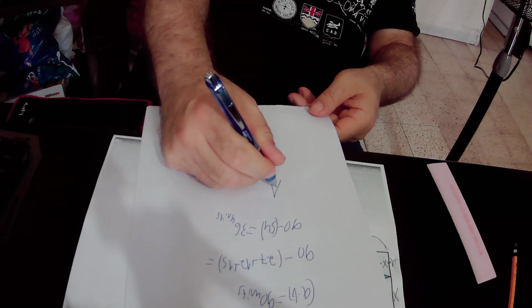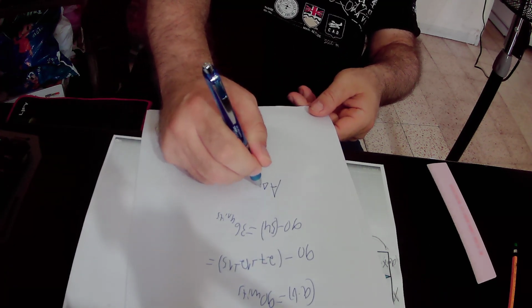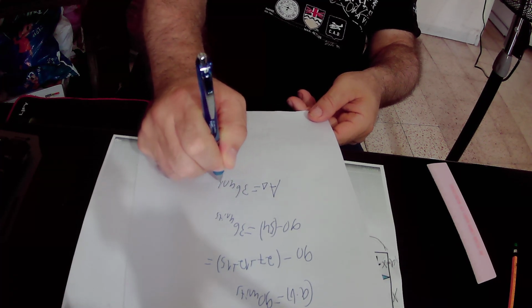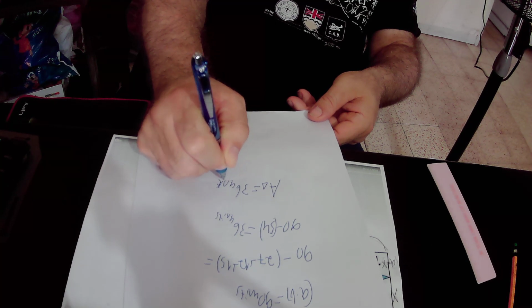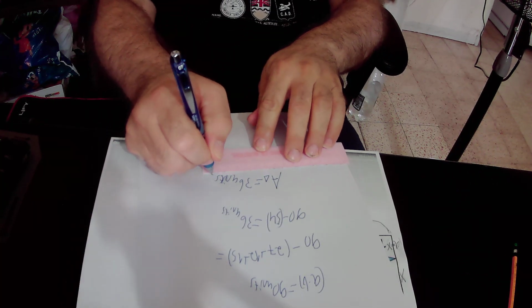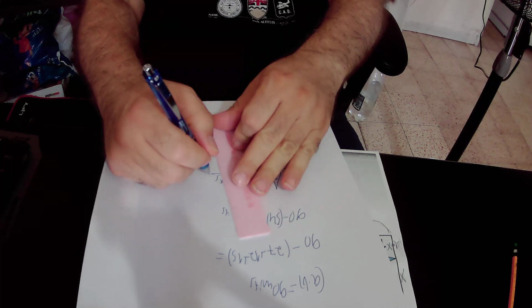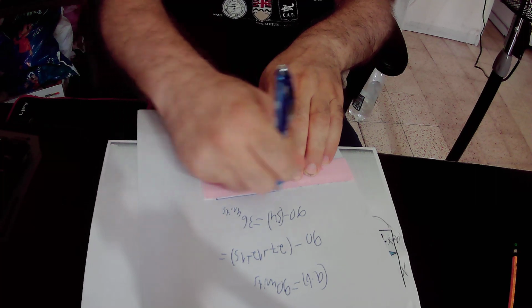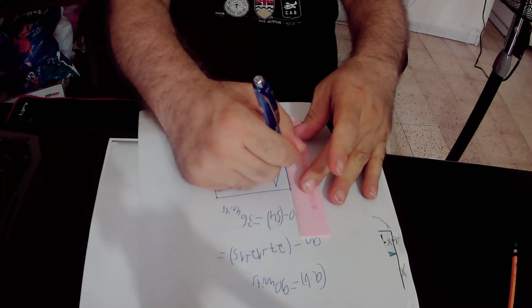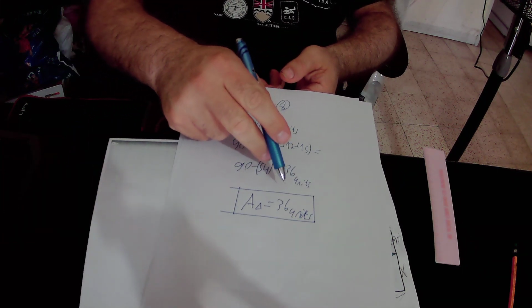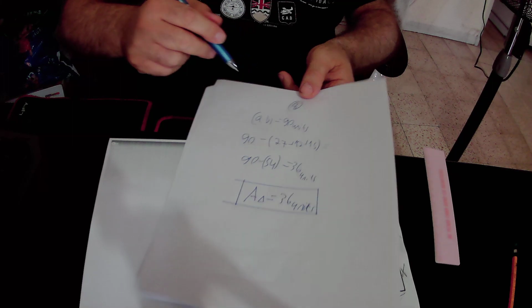You can write here the area of the blue triangle is 36 units.